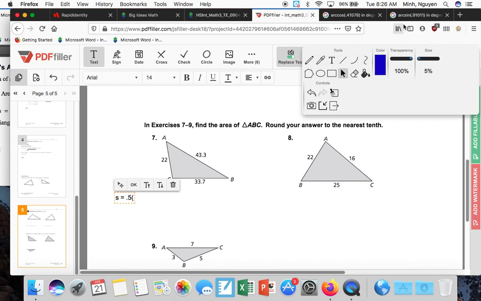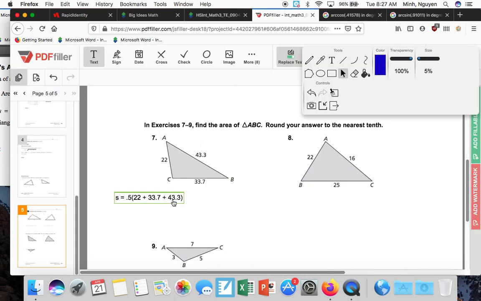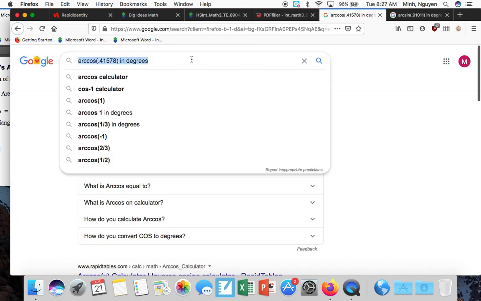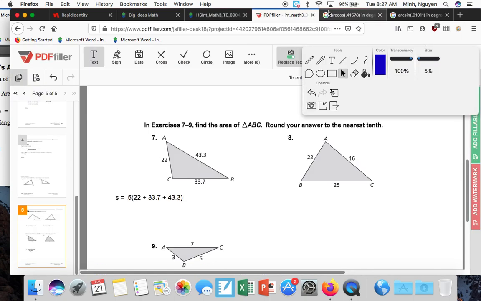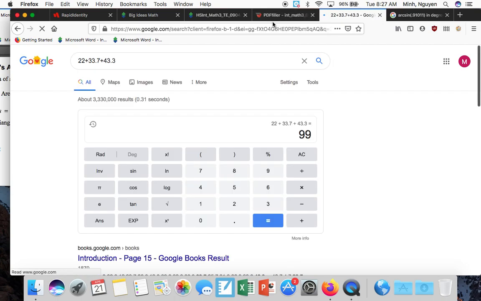0.5 times 22 plus 33.7 plus 43.3. 22, 33.7. Oh, you know what? Let's just double check the work because it is early and my brain's not going yet. 33.7 plus 43.3 is 77, plus 22 is 99.